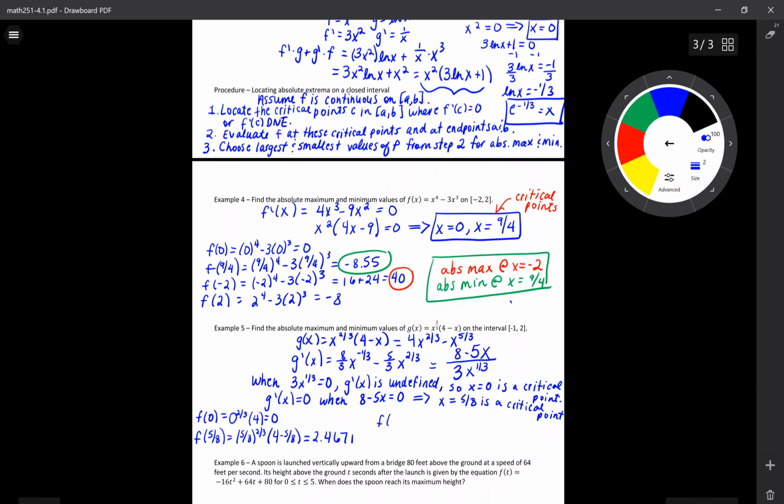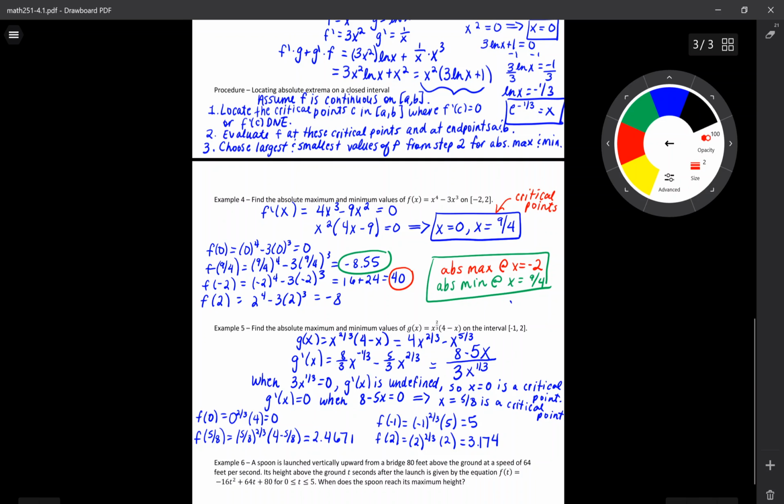So f of negative 1 is equal to negative 1 to the power of 2/3 times 5, which is equal to 5. And f of 2 equals 2 to the power of 2/3 times 2, which is equal to 3.174.